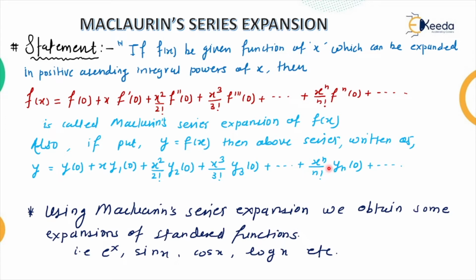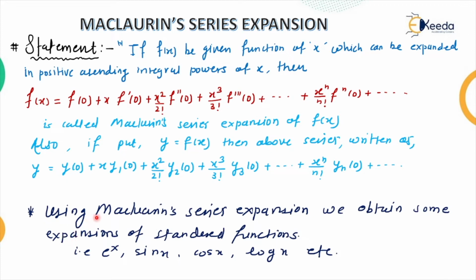We get infinite terms; if we take the nth term, it is x to the n upon n factorial into yn of 0, the nth derivative of f of x at the point 0, plus and so on.